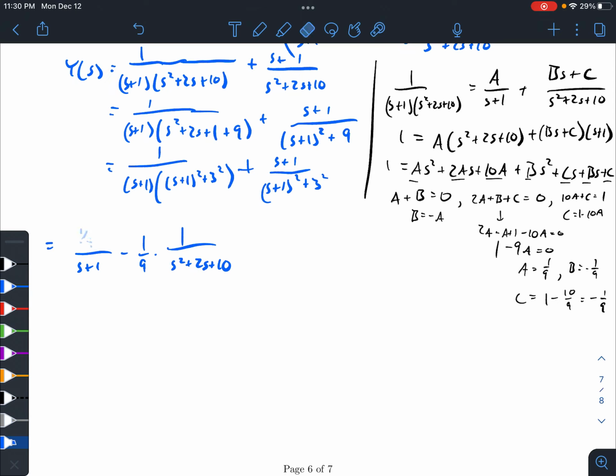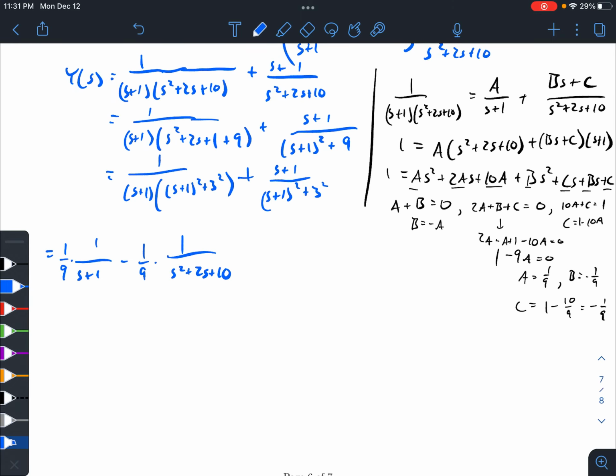Okay, if I were to do that too, and if I were to go backwards from this, s squared plus 2s plus 10 minus s plus 1 seems fishy.